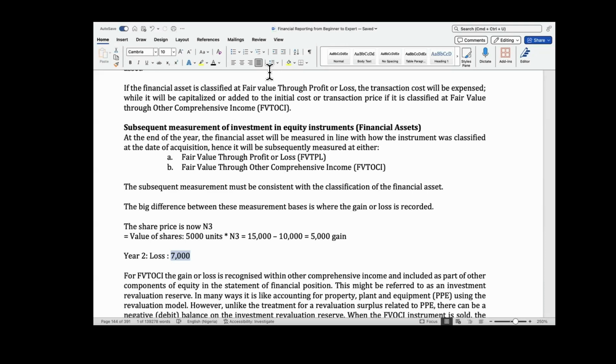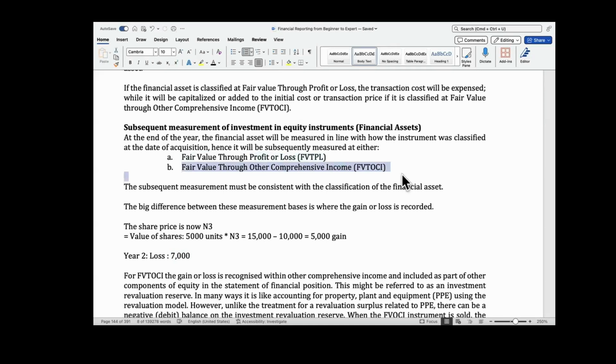But that knowledge doesn't apply for financial assets, because unlike PPE, which was not very specific about where losses and gains should go, you just say revaluation gain, revaluation loss. This one is very specific where gains and losses should go. Look at it. Fair value to P&L. Fair value to OCI.